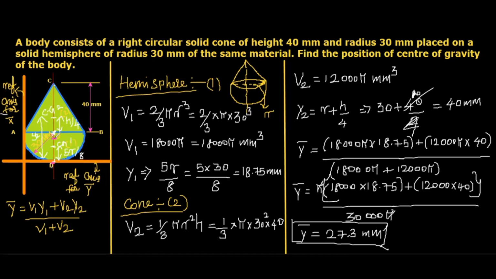So it will be less than that. That means the CG of that entire section will be here. This is at a distance from here, that is 27.3 mm, from the reference axis for y bar calculation, which is given at the bottommost line, or the line that passes through the bottommost point.